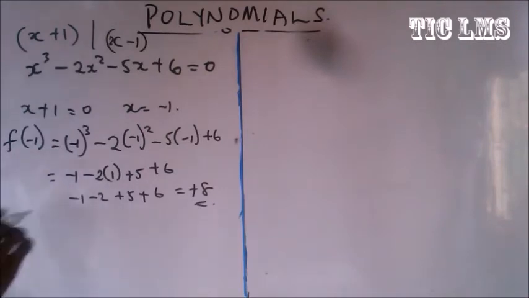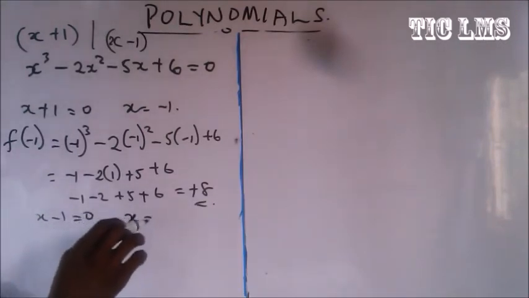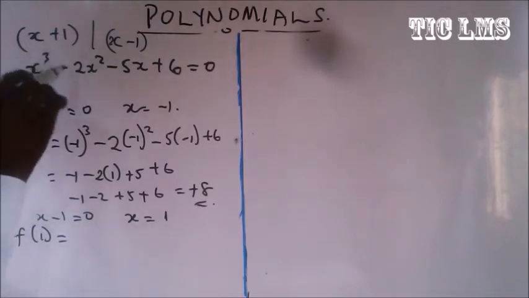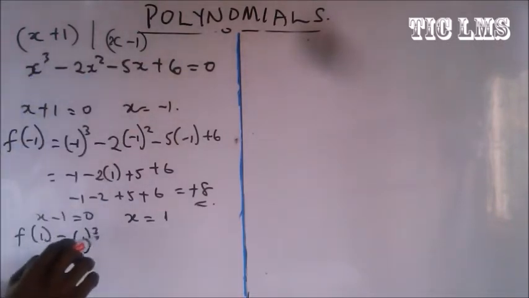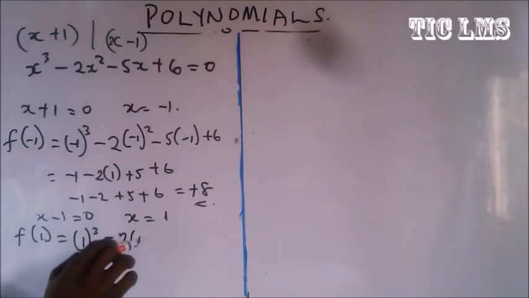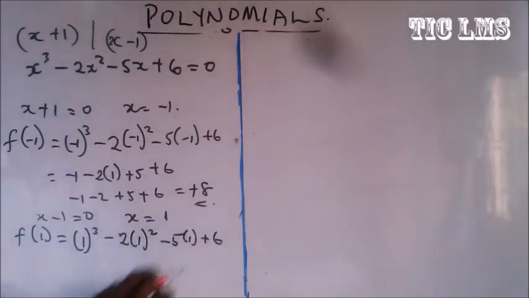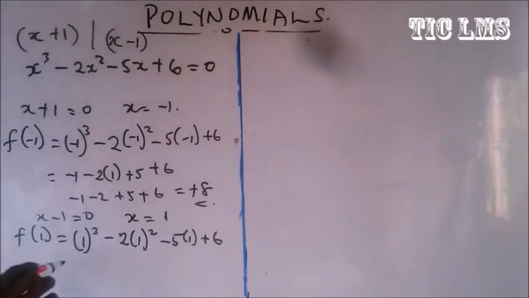If we use x minus 1, that means we say x minus 1 equals 0, hence x equals 1. So we have f of 1, and now we replace each of these x here with 1. We have 1 raised to 3 minus 2 into bracket 1 squared minus 5 into bracket 1 plus 6. Now if this gives 0, then x minus 1 is one of the factors.